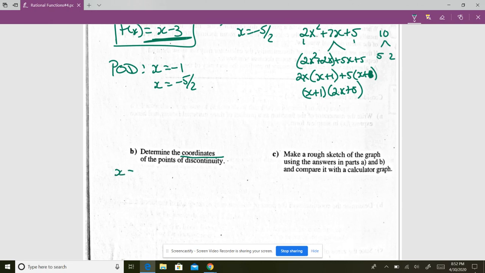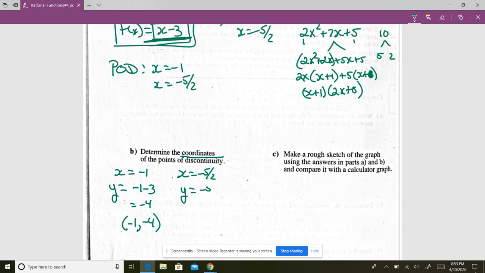So when x is equal to negative 1, y is equal to negative 1 minus 3, which is negative 4. So the coordinates of one of them are negative 1 and negative 4. Remember, you just plug it into what's left over. When x is equal to negative 5 halves, I'm going to do it as a fraction. You can do it as a decimal if you want.